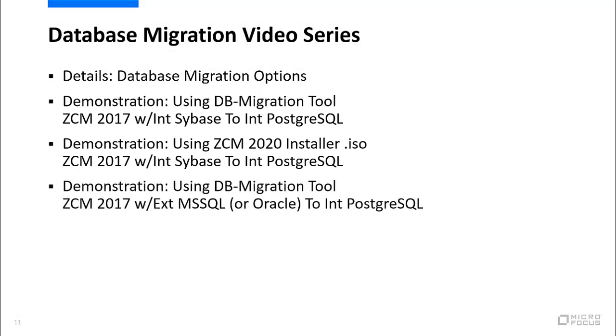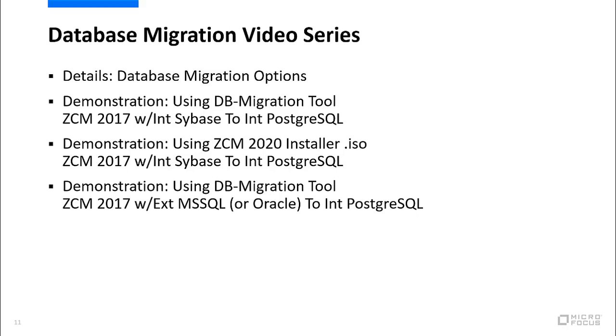In this database migration video series, the first one is details on the database migration options. Be sure to watch this one. It has all the details. The next one will be a demonstration using the DB migration tool, demonstrating how to upgrade ZCM 2017 with an internal Sybase to an internal PostgreSQL.